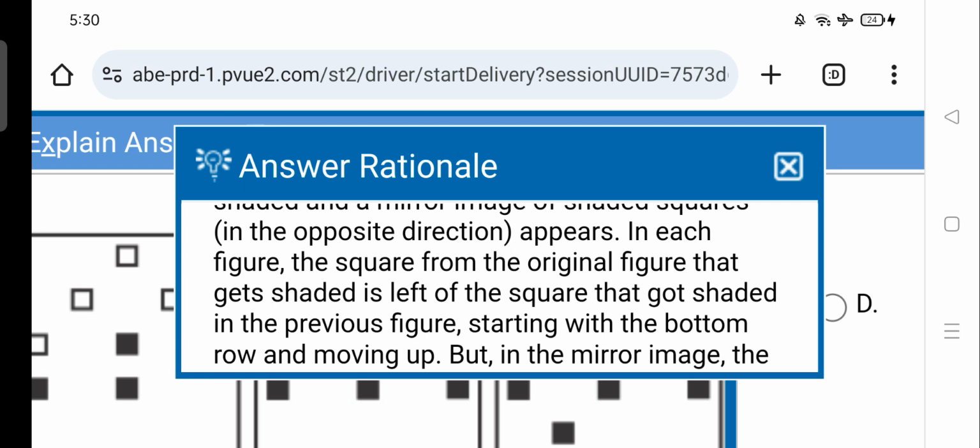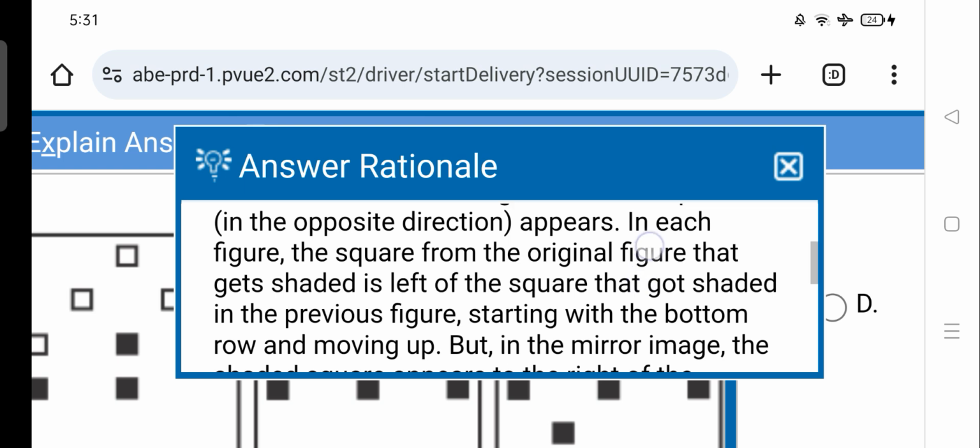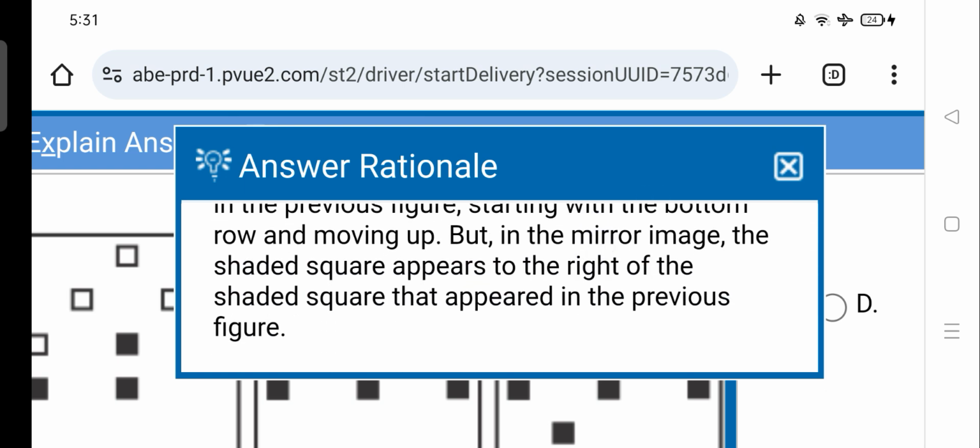In each figure, the square from the original figure that gets shaded is left of the square that got shaded in the previous figure, starting with the bottom row and moving up. But in the mirror image, the shaded square appears to the right of the shaded square that appeared in the previous figure.